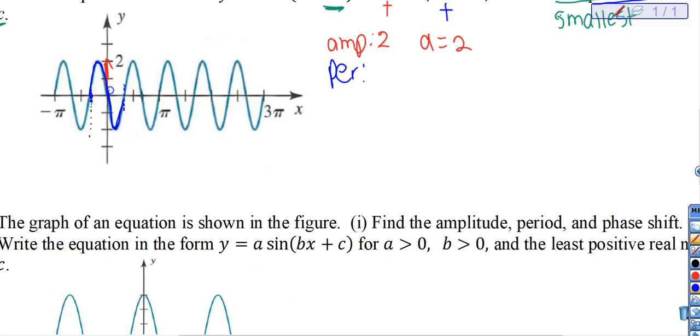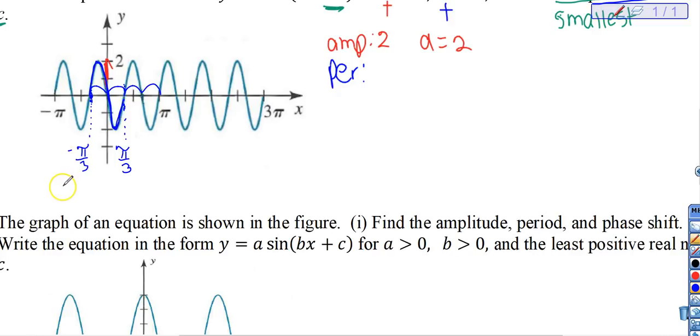Would you agree that if I do this, and this, and this, that's 3 equal distances, the pi divided by 3? Yes? So this would be 1 distance left. So it's probable that that's a negative pi over 3, and then to here would be the distance pi over 3. Okay? So we have 1 full cycle of the sine wave, 1 shift pi over 3 left, right?